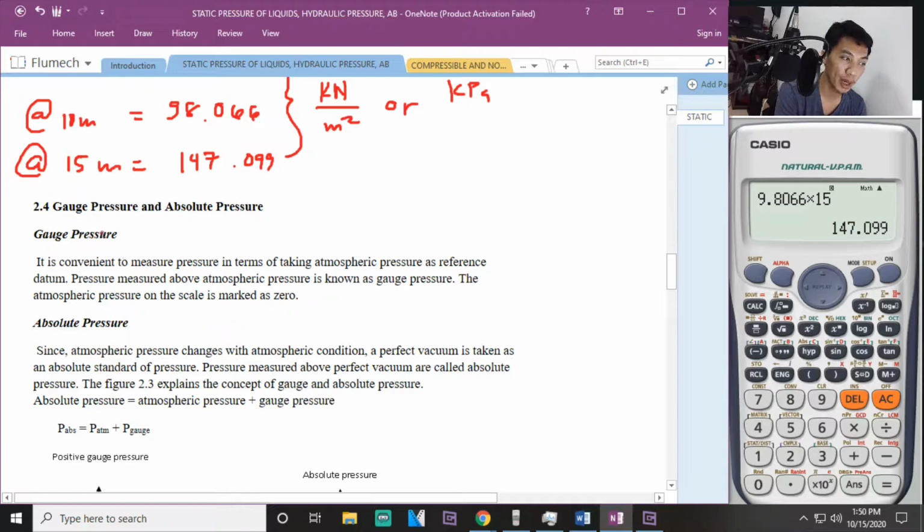Ngayon, for gauge pressure at absolute pressure. Now, ganito lang yan, ang paliwanag dyan. The gauge pressure is, it is convenient to measure pressure in terms of taking atmospheric pressure as reference datum. Pressures above atmospheric pressure is known as pressure gauge. Saan ba nakukuha yung pressure gauge niya?